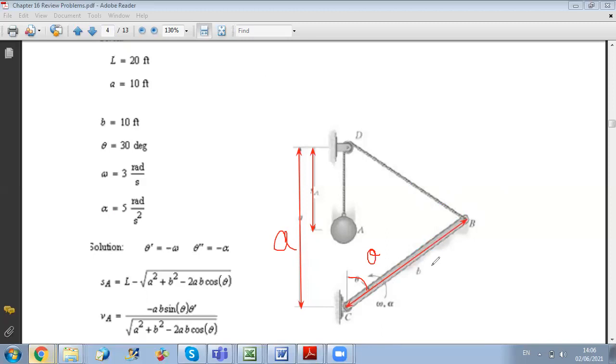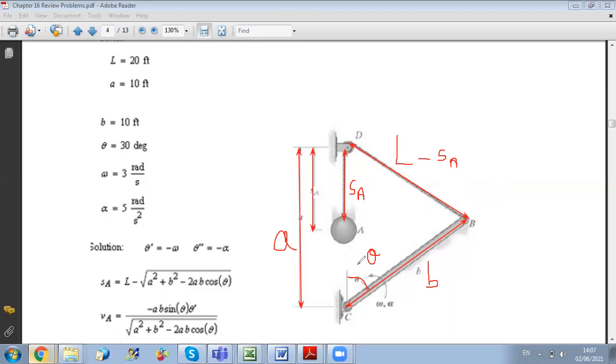What is varying is BD. So this distance is varying with SA. Because it's a cord of constant length, we can say that dB can be written as the total length of the cord, L, minus SA. And of course, dB will be variable since theta is varying, which will affect the value of SA.